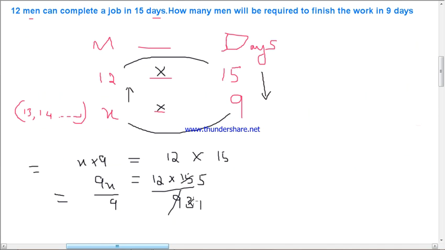Then 3 into 1 equals 3, 3 into 4 equals 12. So 4 into 5 is 20. This will get cancelled, this will get cancelled. Therefore the value of x is equal to 20.